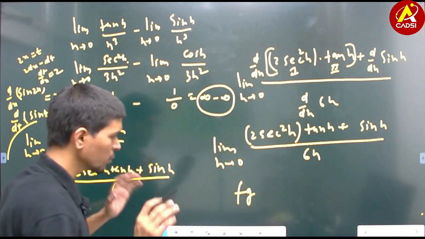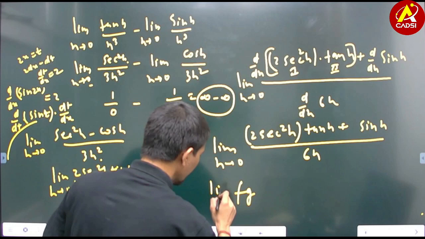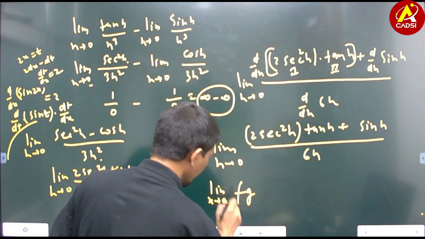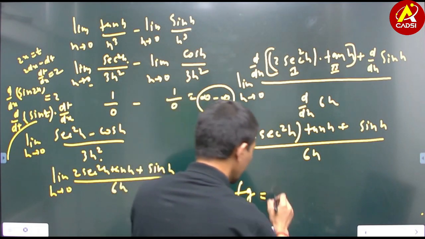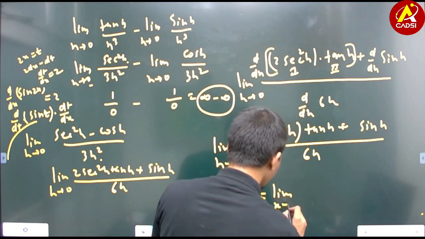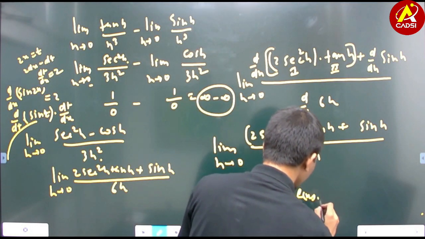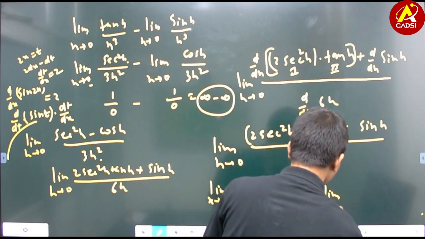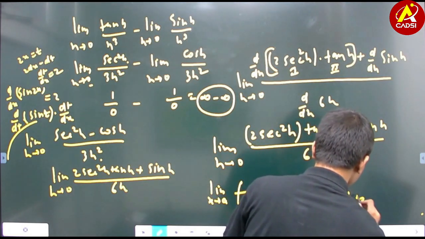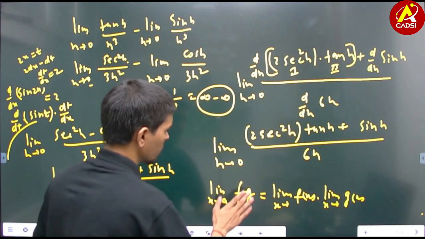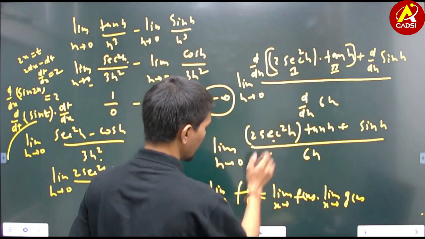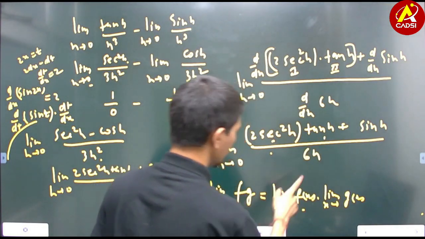We know that if we have two functions, and the limit x tending to a of f of x and the limit x tending to a of g of x, this is f and this is g.